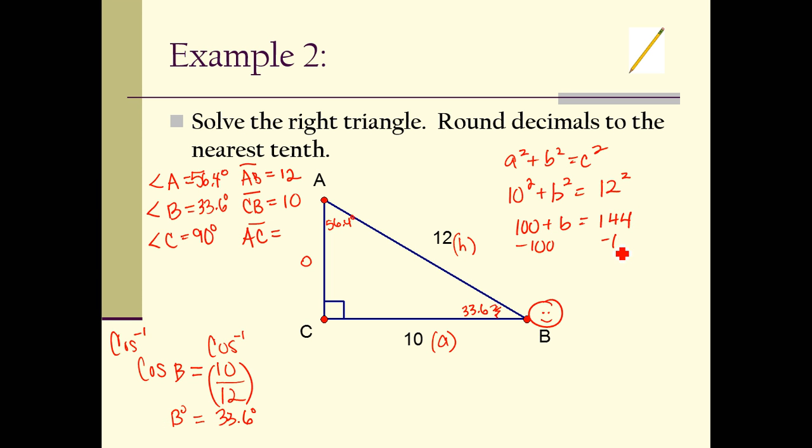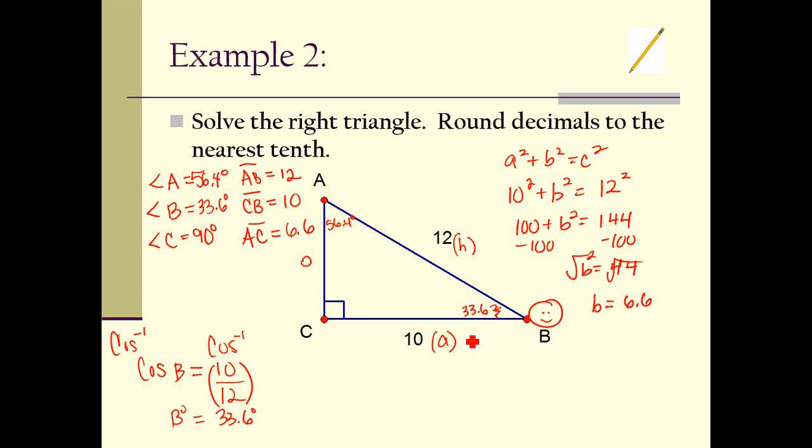Subtract 100 from both sides, and b squared equals 44. Square root both sides, and b is equal to, rounding to the nearest tenth, 6.6. So the length of AC is 6.6.